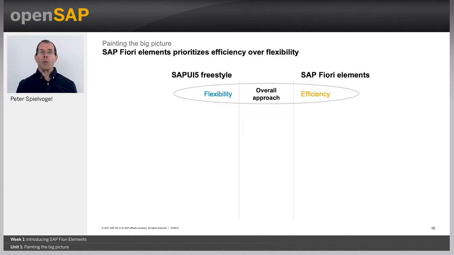Of course, both SAP Fiori Elements and SAP UI5 Freestyle development are great methods for creating SAP Fiori apps. The approach that's best for you depends on your situation and unique business needs. So, how do you decide when to use which? The quick answer is that with Fiori Elements, you're exchanging flexibility for efficiency.